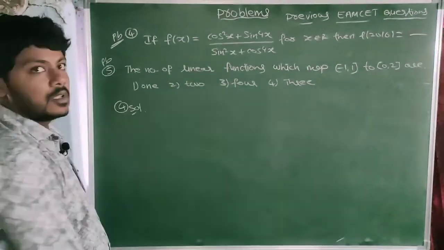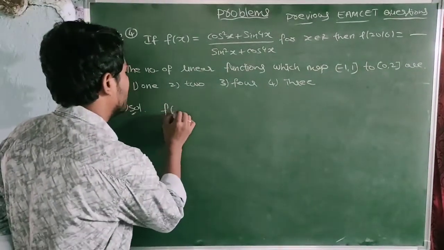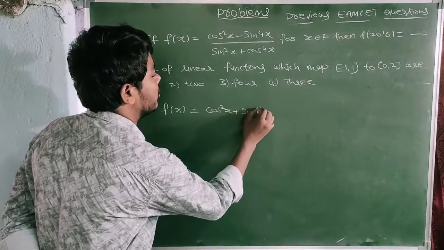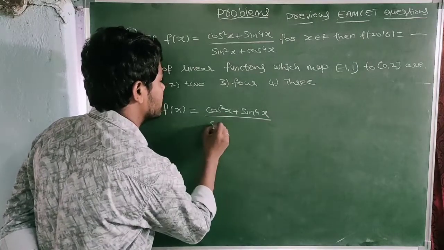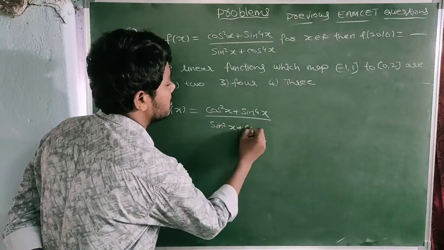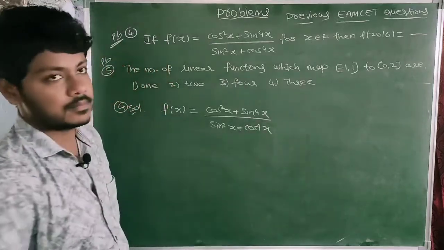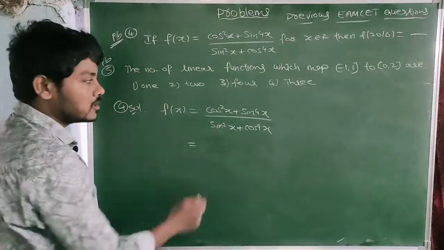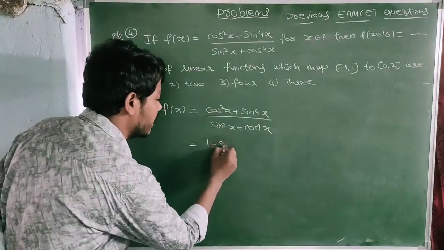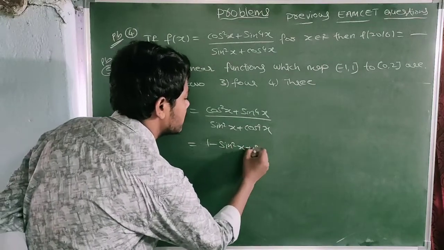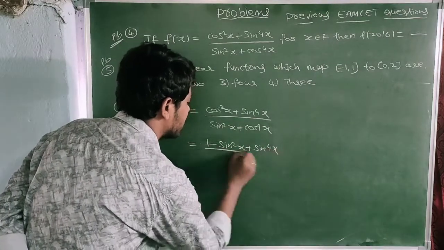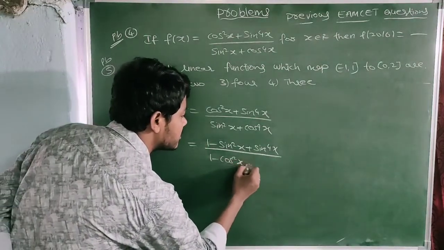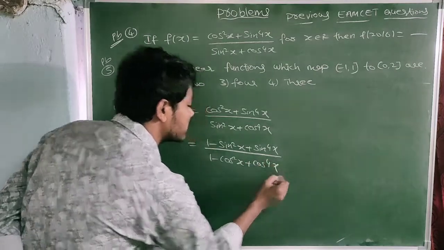See our next question. Question number 4. So f of x is given as cos square x plus sin to the power of 4 x plus sin square x plus cos to the power of 4 x, and find f of 2016. So how to write cos square x? 1 minus sin square x plus sin to the power of 4 x, and sin square x write as 1 minus cos square x plus cos to the power of 4 x.